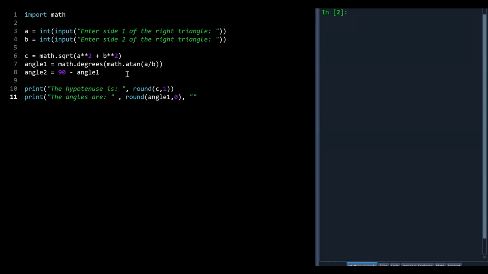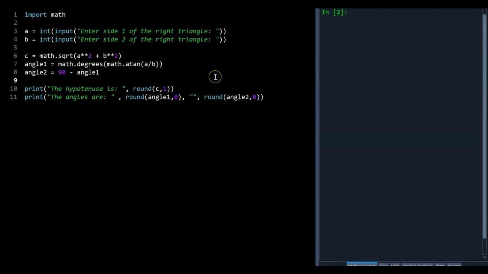Okay. And I suppose I could also int those instead of rounding, because int just cuts off the decimal, but this is probably a better solution. And round angle 2.